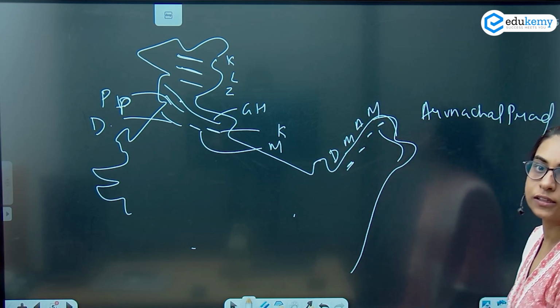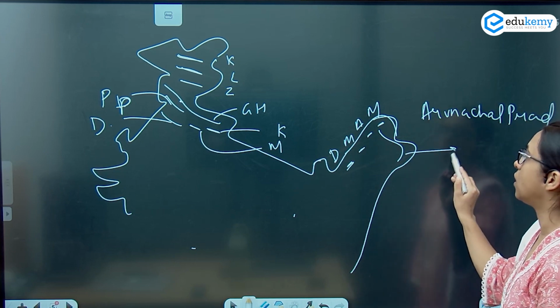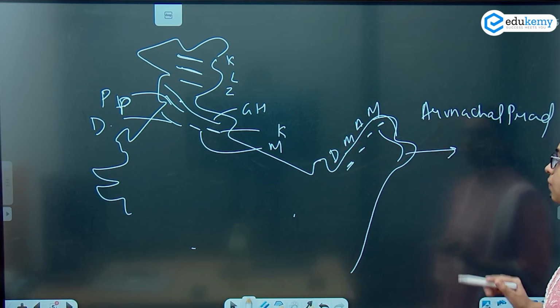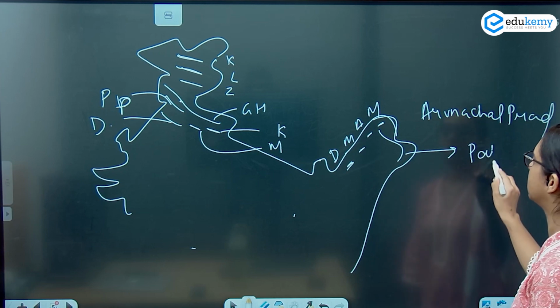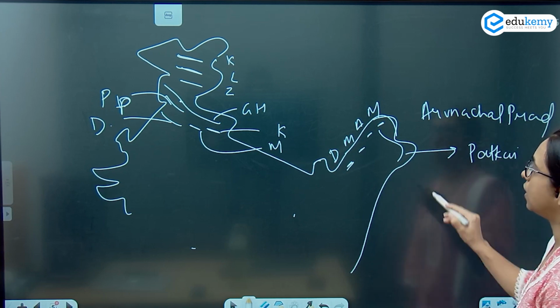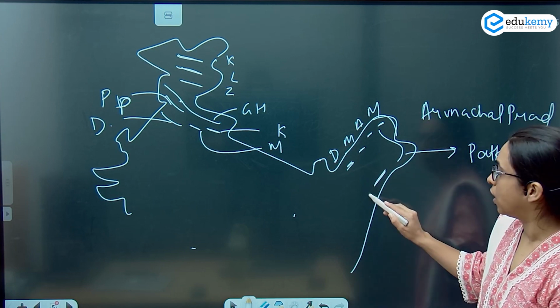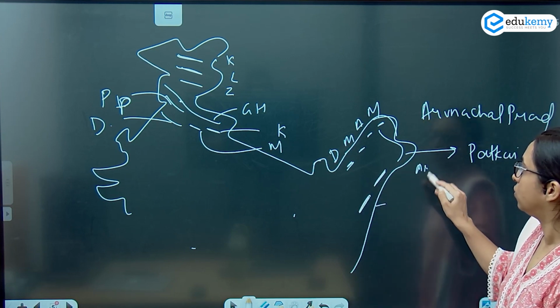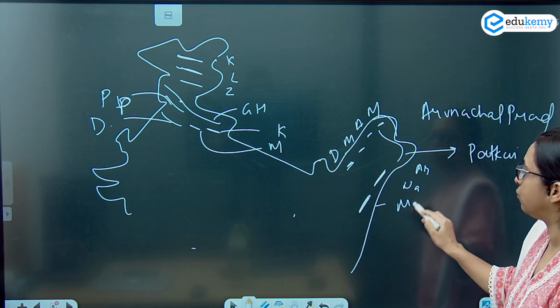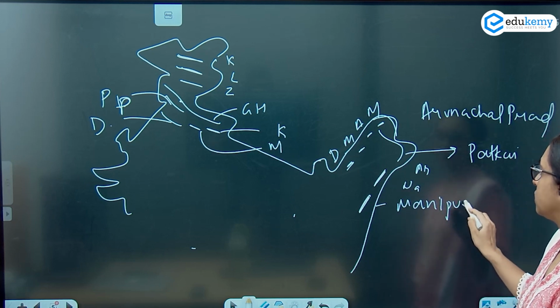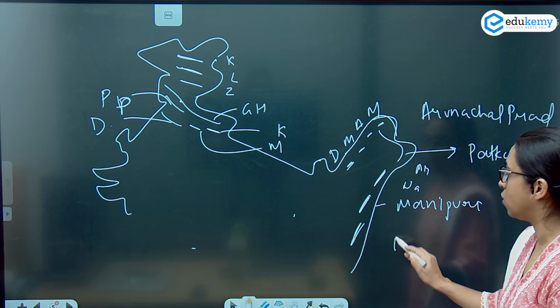Another important range is the Patkai Hills, in Arunachal and Nagaland. You have your Naga Hills. You have your Manipuri Hills. These are your Mizo Hills.